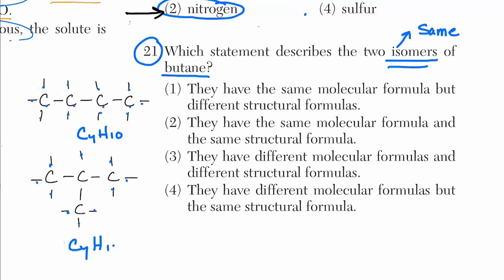Remember, the sticks are hydrogens. So these both have the same molecular formula, but they have a different structure, and that is what these are called. These are actually called structural isomers. There are different types of isomers, but for this course, structural. So they have the same molecular formula, but different structural formulas.